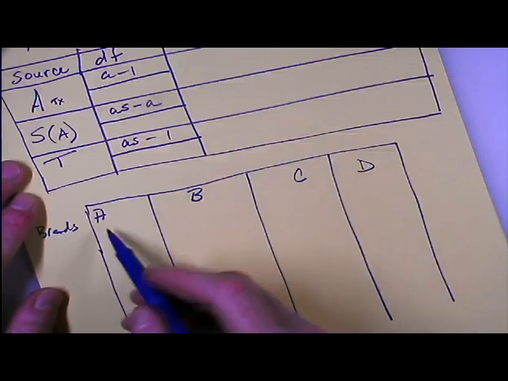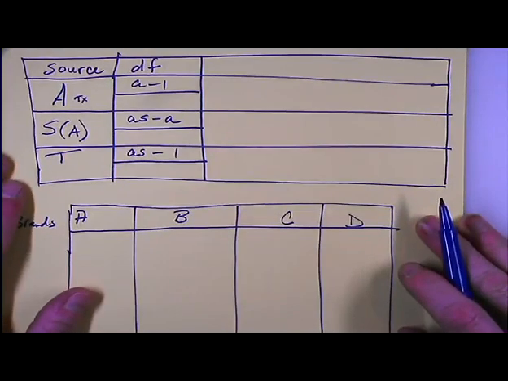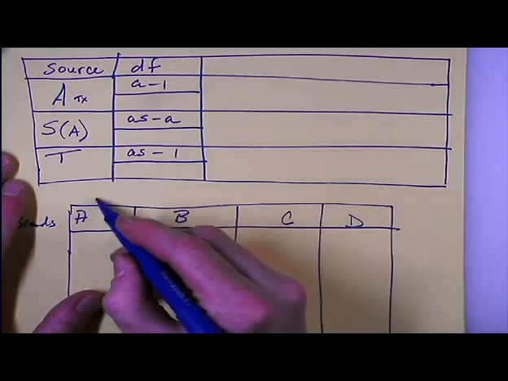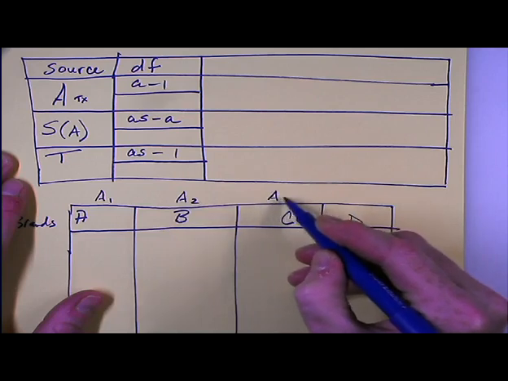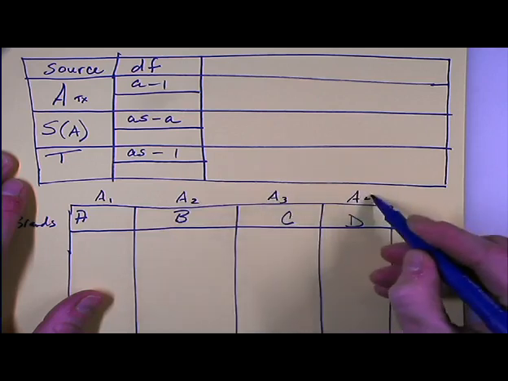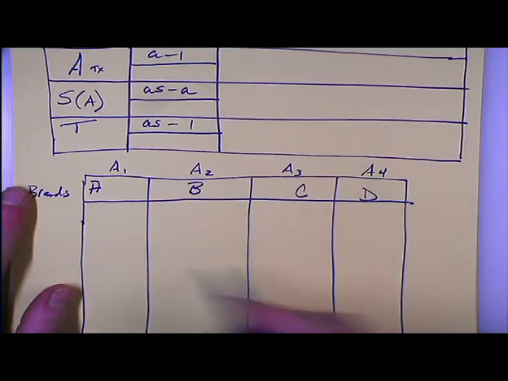And in notation of analysis of variance, this is going to be A1, A2, A3, and A4. Okay. And here's your food brand.